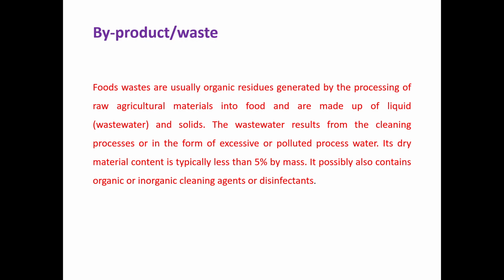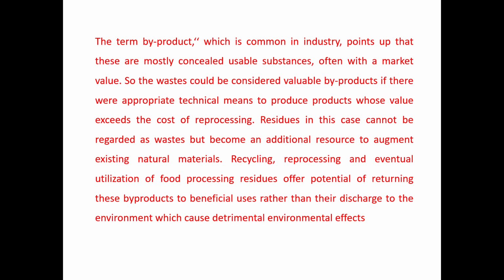Market values, for example, valuable byproducts: if you have some chemicals or minerals, you can process them and obtain them. But additional resources have to be allocated to make it into some useful product. So we need recycling, reprocessing, and proper measures for the eventual utilization of food processing byproducts. Thus we have to do this.